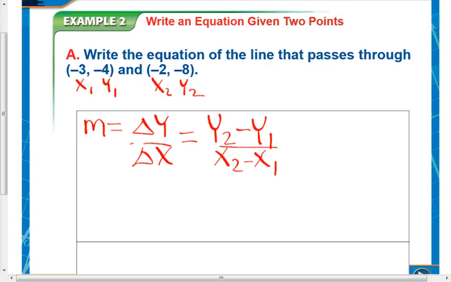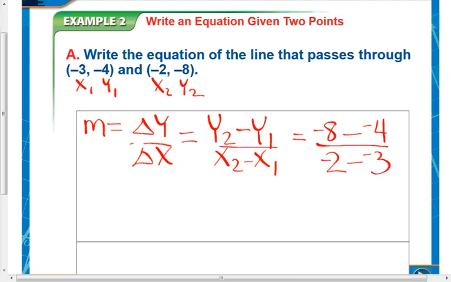And we plug it in. That's negative 8 minus, that's right, negative 4. And put that over negative 2 minus negative 3.